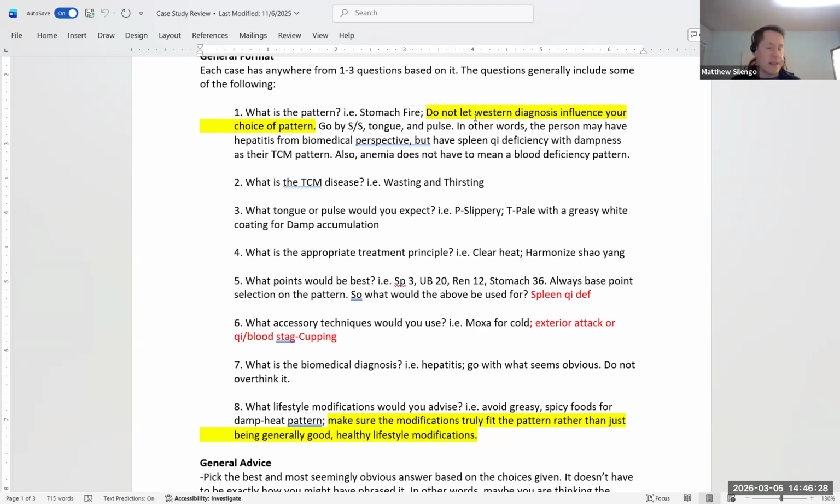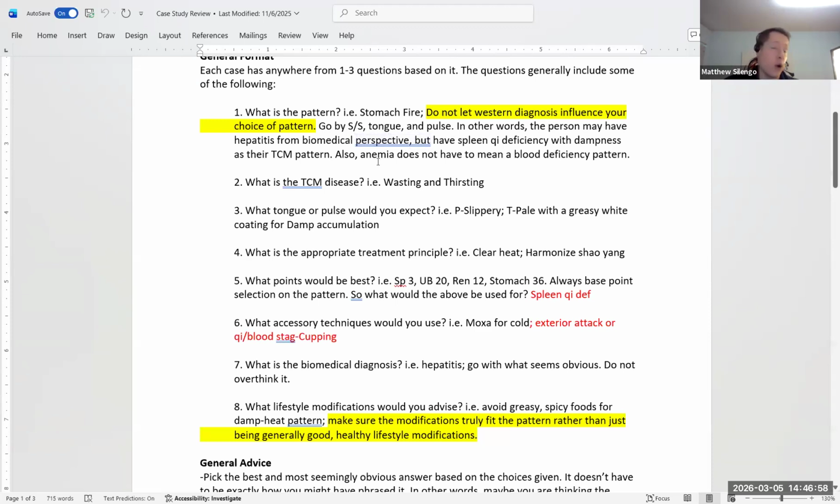So if the person's signs and symptoms are things like loose stool, fatigue, they have a yellowish discoloration, they have a pale tongue, that kind of thing. If their signs and symptoms sort of match, like you go, all right, well, that looks like spleen qi deficiency with damp accumulation. You don't just automatically go, oh, they have liver heat because the person has hepatitis from a biomedical point of view. So make sure that that's something you're really clear about.